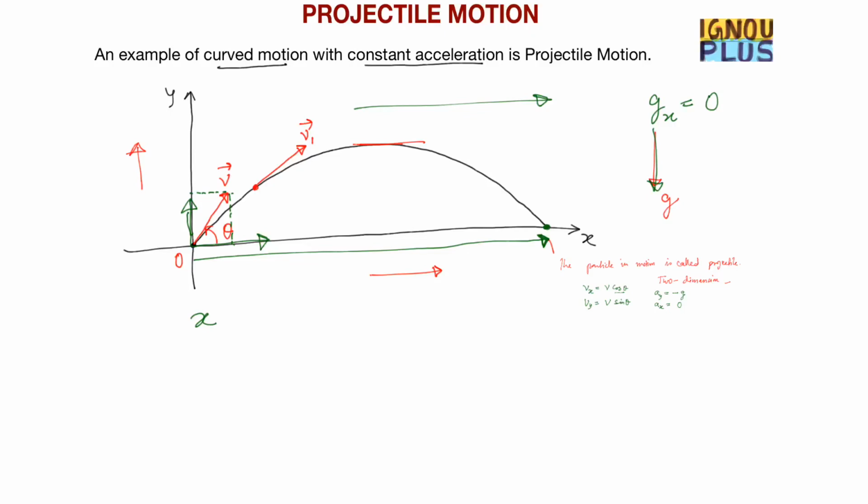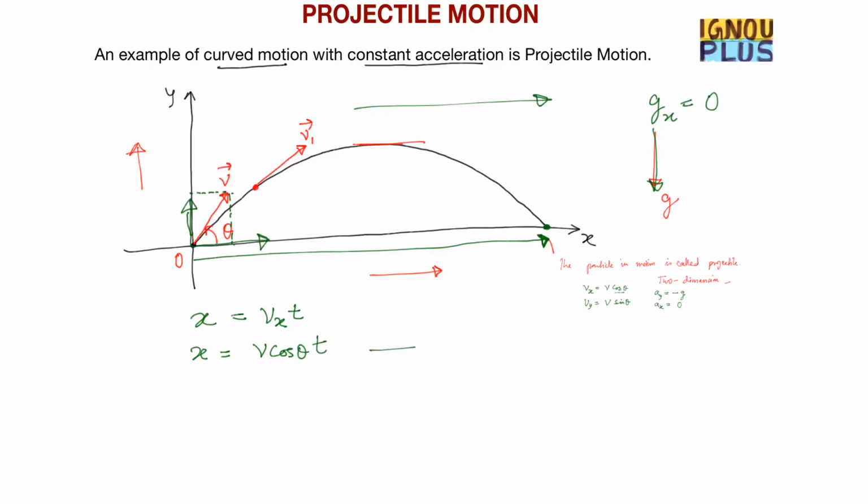So it is actually Vx, the velocity towards the x-axis, multiplied by time. Or we can write x is equal to v cos theta into time.